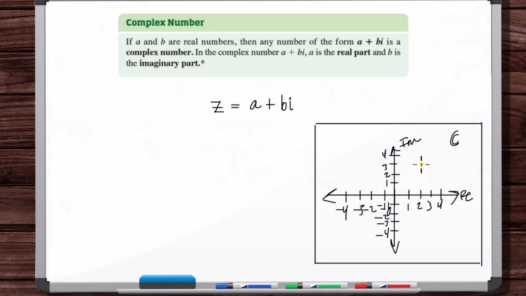This is a complex number here. Well, that would be the complex number 2 plus 3i. So this extends from positive to negative infinity. This extends from positive to negative infinity. So a and b can be any number from positive to negative infinity. The real part and the imaginary part can be any real number from positive to negative infinity. Okay, but just the numbers on this axis are associated with the i here.